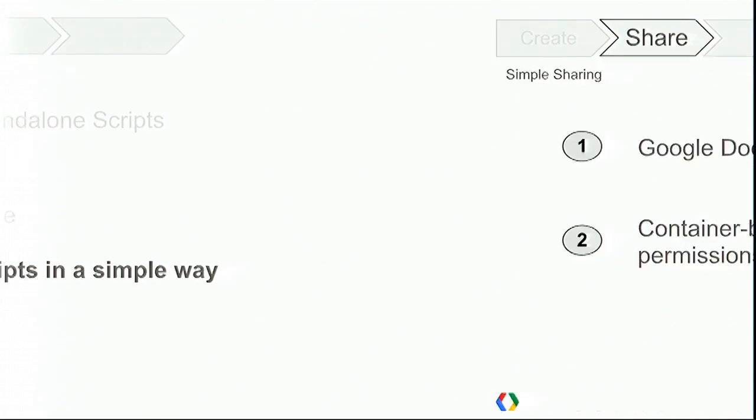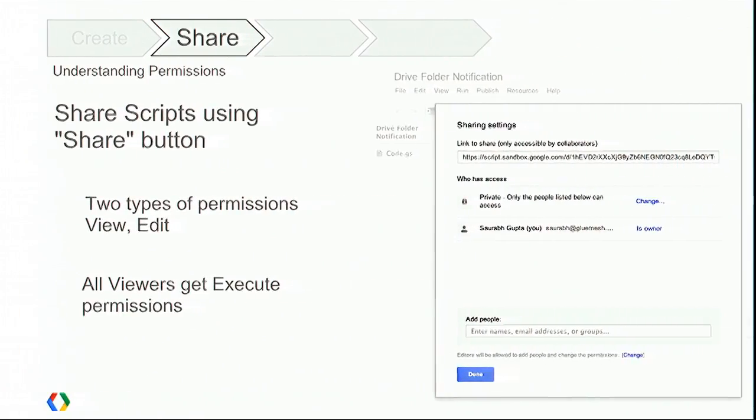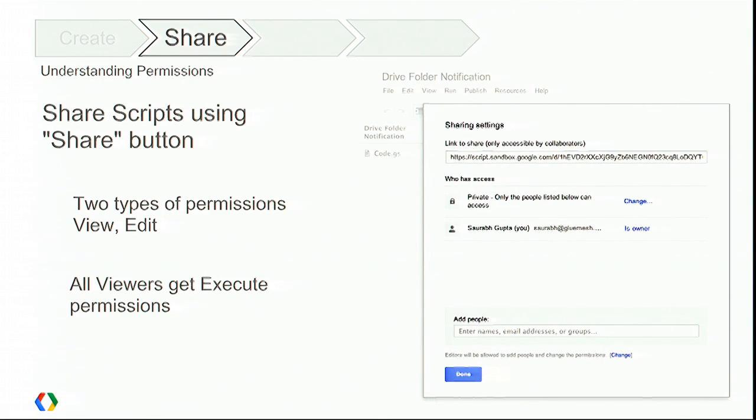And what could be easier than sharing scripts in a Google Docs way? If you're familiar with this dialogue, then you would know that this is how you share your documents, your spreadsheets, your presentations. So why not share your scripts using the same well-known ability to share, right?